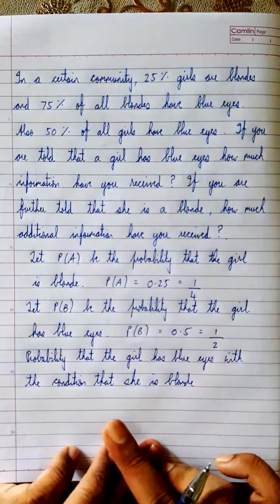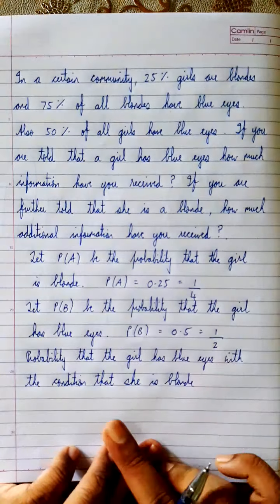Which is nothing but, we know how conditional probability is written, right? The condition is she is blonde. Blonde means A. So which means P of B by A. This is P of B by A, right? The probability that the girl has blue eyes when we know that she is blonde.